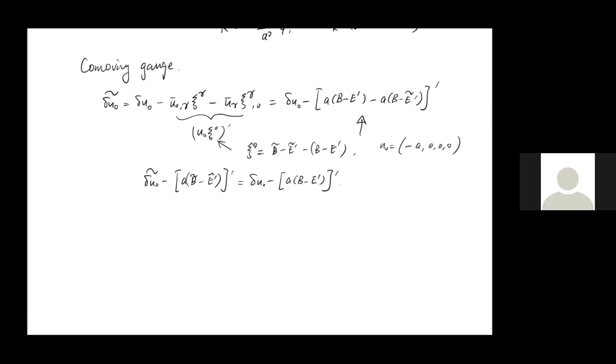Then you immediately see that this is also a gauge invariant quantity, which you can define as delta U naught bar. But this is nothing but a combination of one already known quantity, if you remember it correctly. Forget about this, because this delta U naught is just minus A phi. So this quantity is just minus A phi plus A B minus A prime.